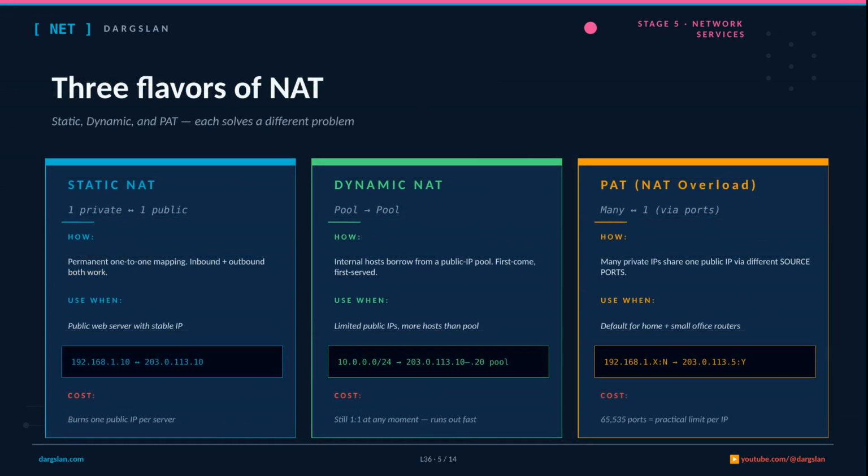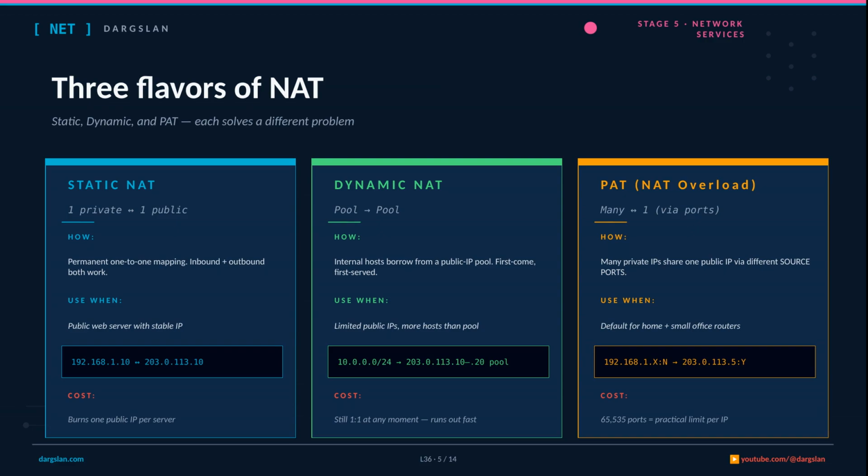With the vocabulary settled, NAT itself comes in 3 flavors, each answering a different question. Static NAT is a permanent one-to-one map, perfect for a public web server that needs a stable, reachable address, but it burns a public IP per host.